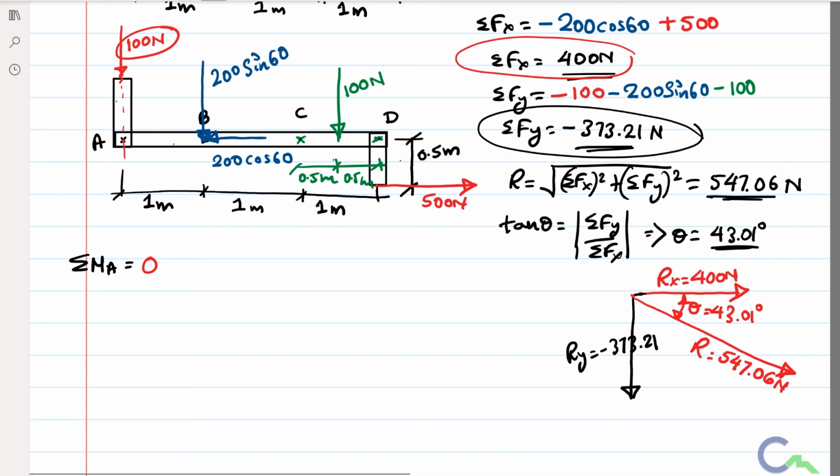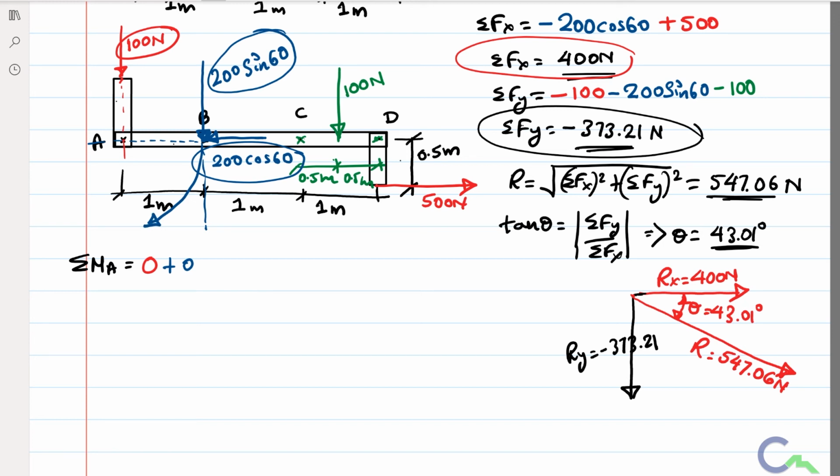So now I am going to consider this 200 cos 60. If I shift that force in the line of action of force, again it is passing through A. Therefore because of that force, rotation is 0. The next force I am going to consider the vertical component of 200 Newton force. So if I shift that force, it is not going to pass through A. So therefore it is going to rotate that point in clockwise direction.